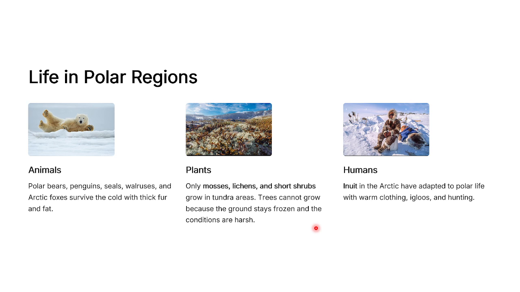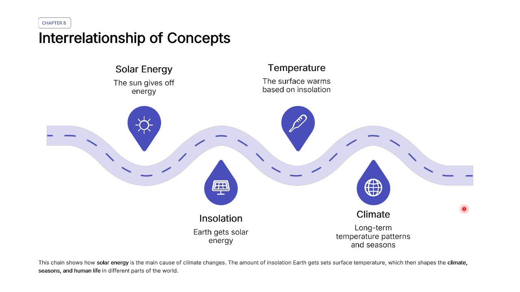Trees cannot grow because the ground stays frozen and conditions are very harsh. Humans, the Inuit of the Arctic, have adapted to polar life with warm clothing, igloos, and hunting.